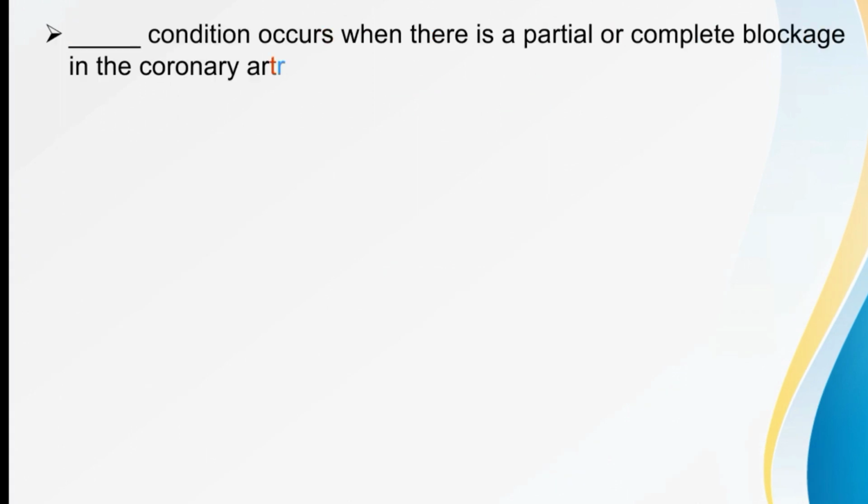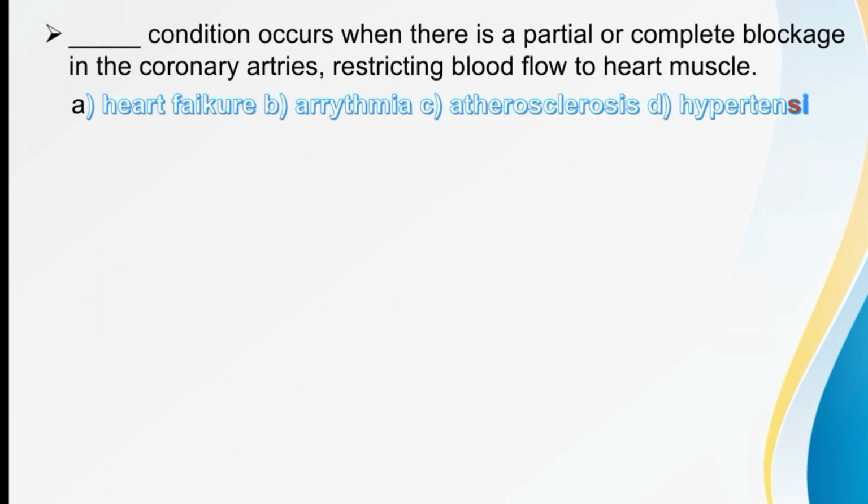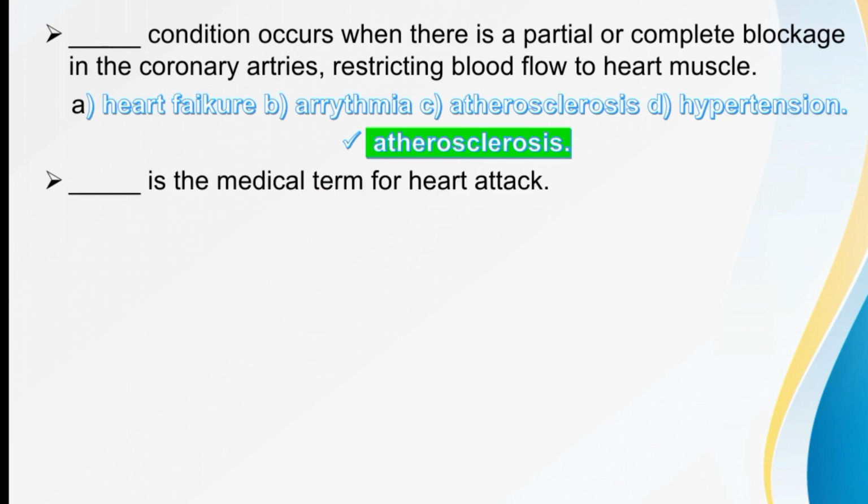Dash condition occurs when there is a partial or complete blockage in the coronary arteries restricting blood flow to the heart muscle. Our options are heart failure, arrhythmia, atherosclerosis, or hypertension. So the right option is atherosclerosis. Our next MCQ: dash is the medical term for heart attack.